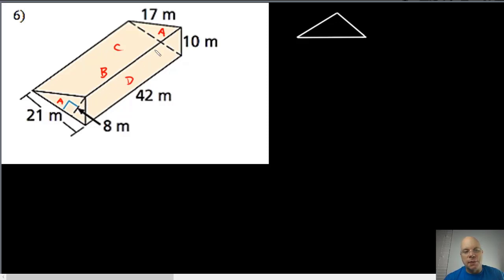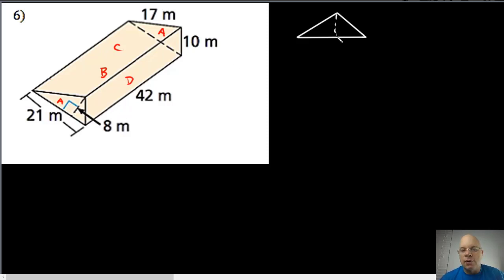That may or may not be true, but I know for sure that this height, this altitude that's given here, is intersecting this base at a right angle, because the right angle symbol, the symbol to indicate perpendicular lines, is given.